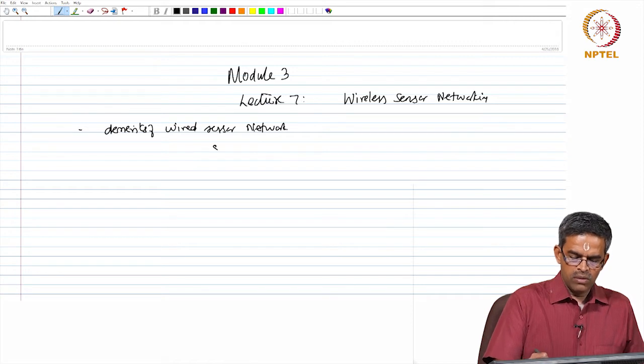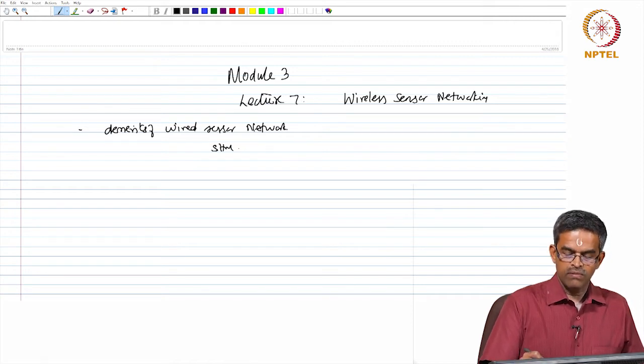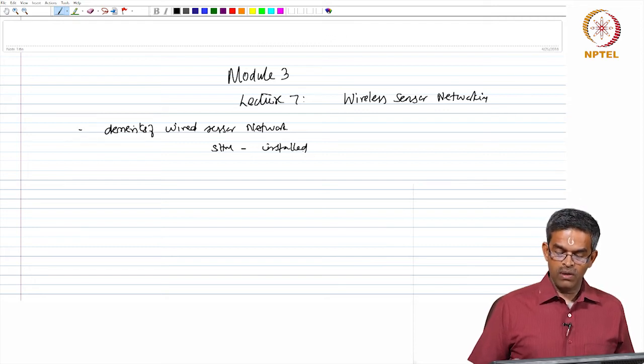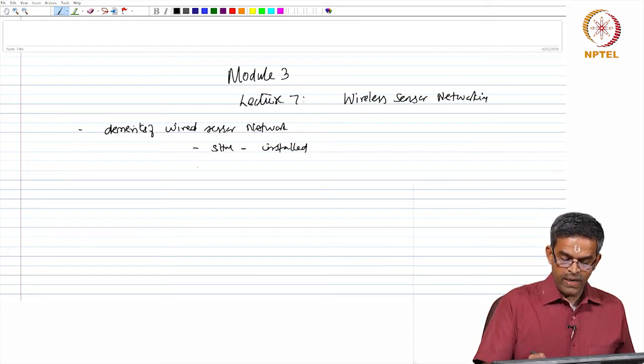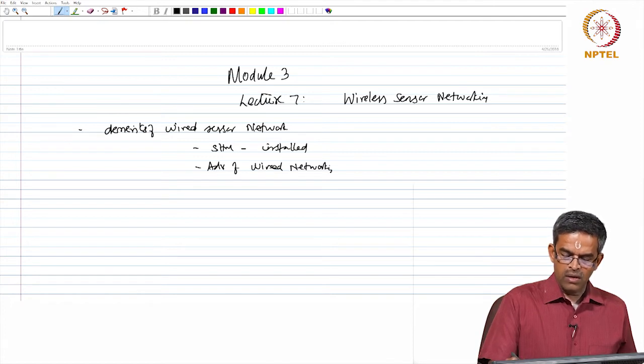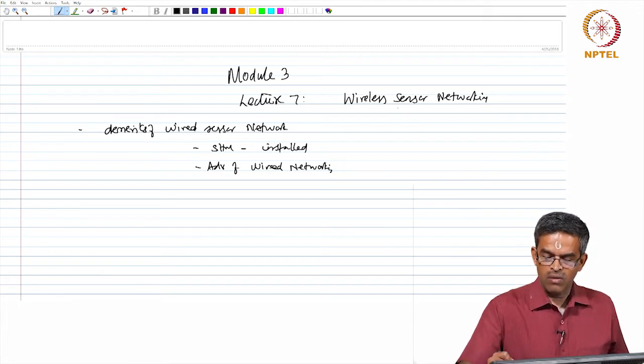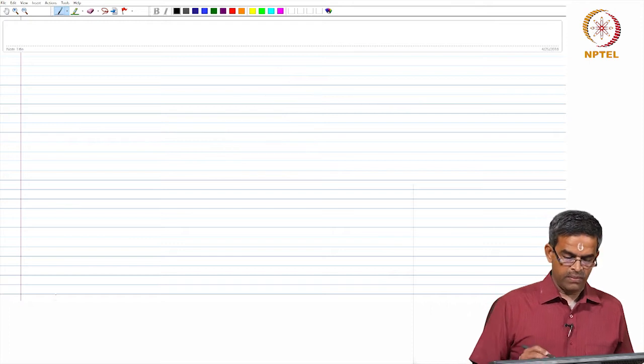Even though there are SHM processes which have been successfully installed in many public buildings and structures in different places all over the world, there are advantages of wired sensors or wired networking, but still let us see what are those factors which necessitate the invention of wireless sensor networking.